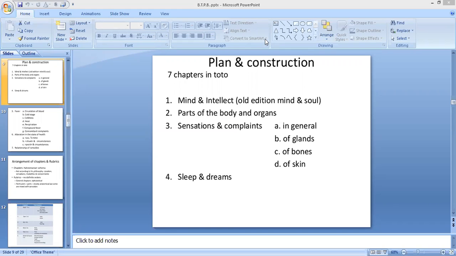As we discussed, there are subchapters in this chapter. Sorry, extremely sorry, there are 32 subchapters, and they start from the subchapter head. The first subchapter is head, and the 32nd or last subchapter is lower extremities.